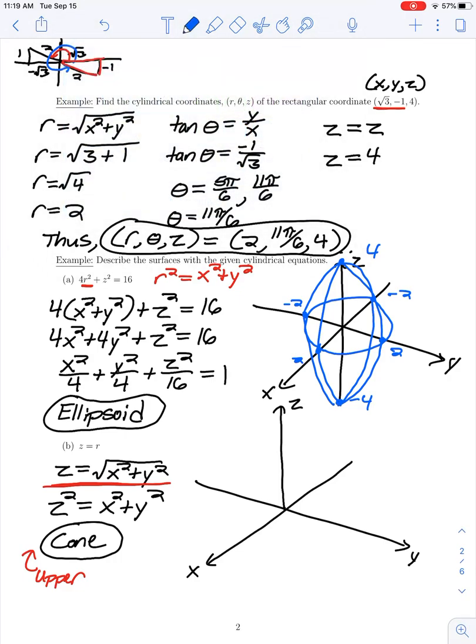So we will have a cone whose cross sections are circular. And the larger I take the value of z, the larger the radius of those circles.